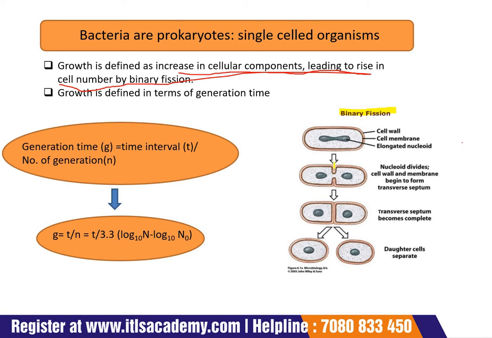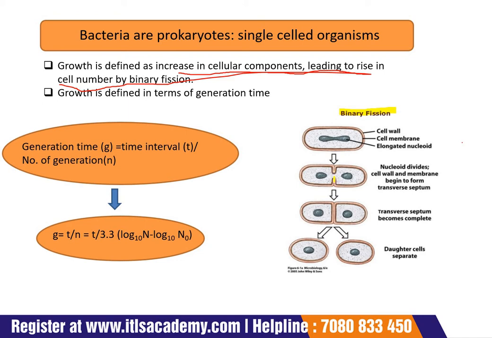So this septum begins to grow and the nucleoid divides. Here we can say that this is the nucleoid, but as the septum keeps growing, the nucleoid divides and the septum is totally in the position to divide the cell completely.